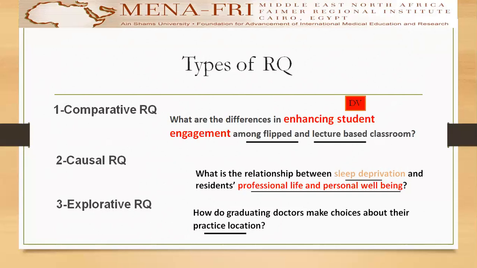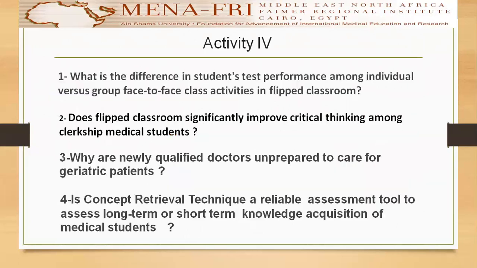So I have one variable only, the dependent variable. The causal, I search for the effect of the independent variable on the dependent variable. As you see, the effect of sleep deprivation on the resident's professional life. The explorative research question, there is no variable at all.